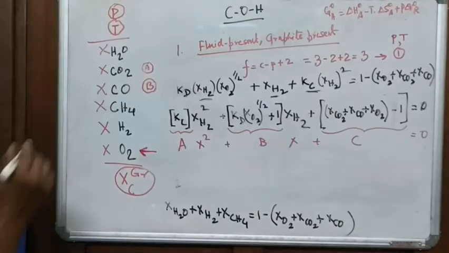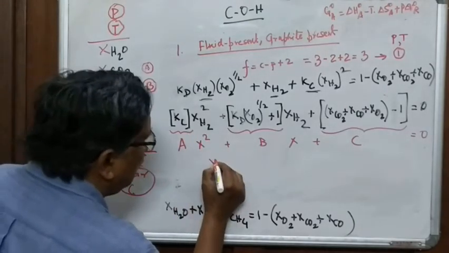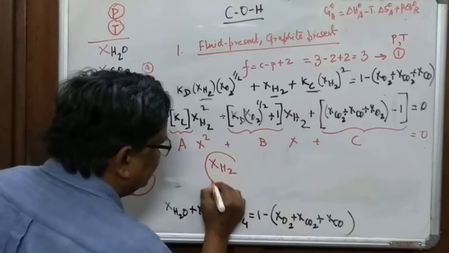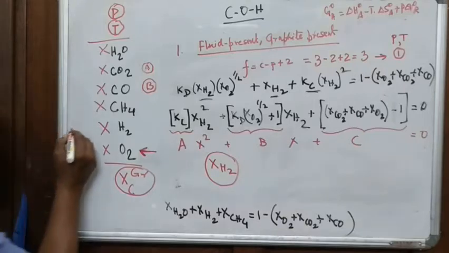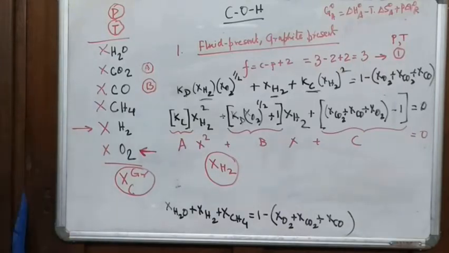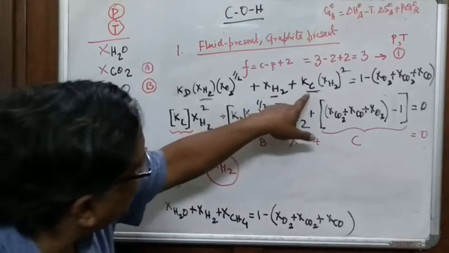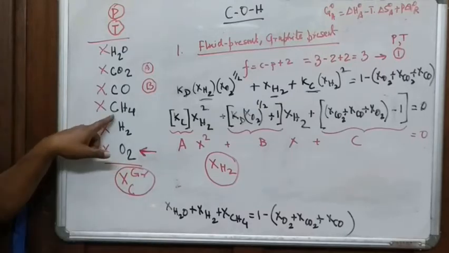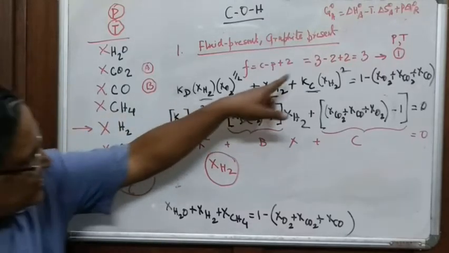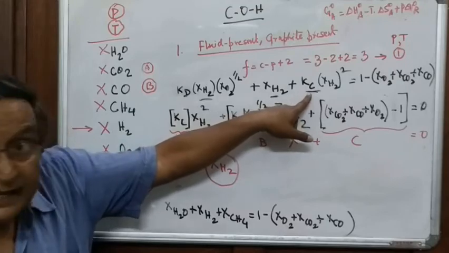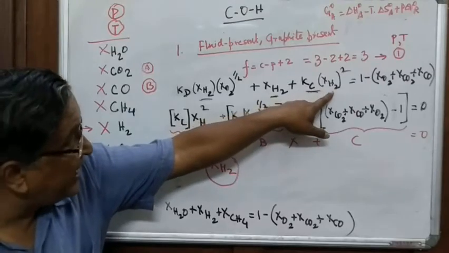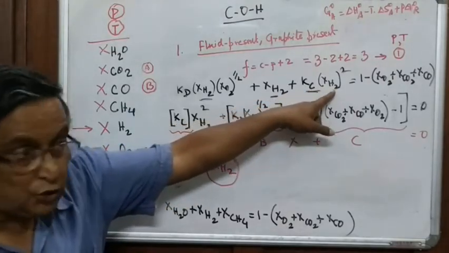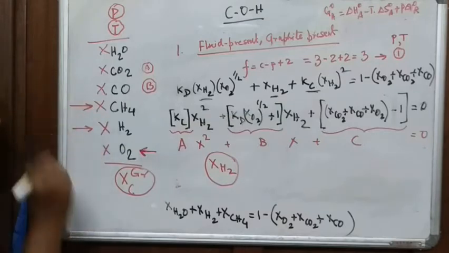So this will give you a value for XH2. Have you understood? So now you find out XH2. If you found out XH2, now you can also find out XCH4. If you look at reaction C, this is essentially XCH4. So if you know XH2 now, Kc into XH2 square, and you will get XCH4.